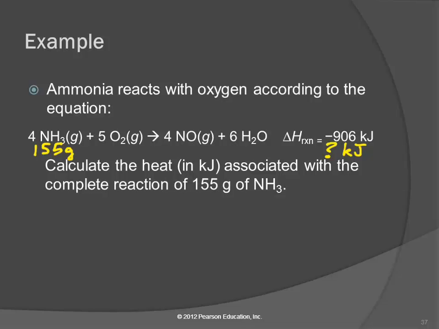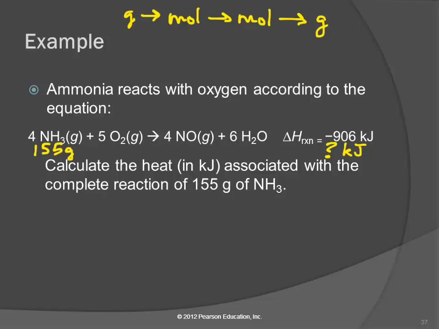Well, our map has been grams to moles to moles to grams. So we're given a mass here. That's good. Are we asked for a mass, though? No. Can we relate kilojoules of energy to moles of ammonia?